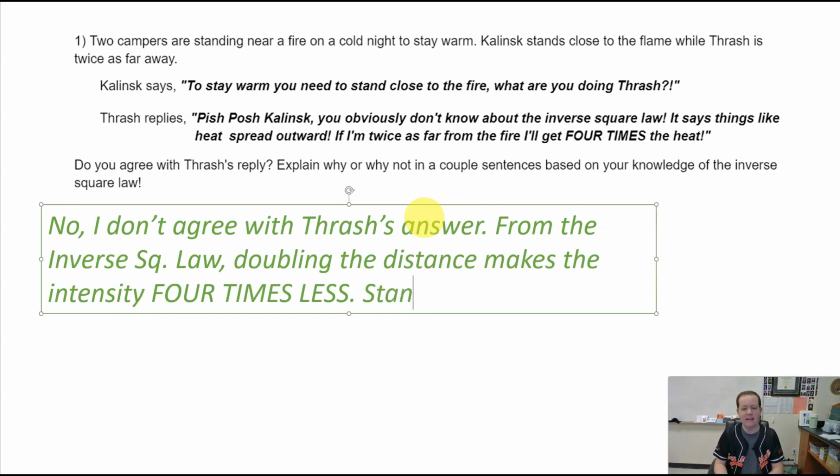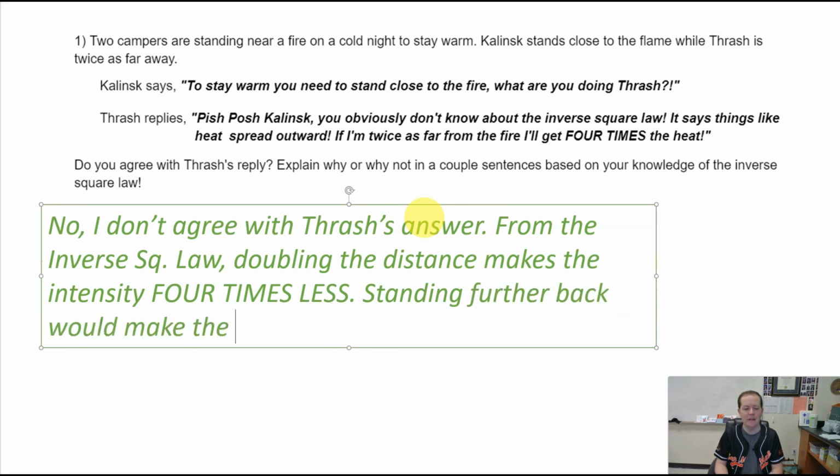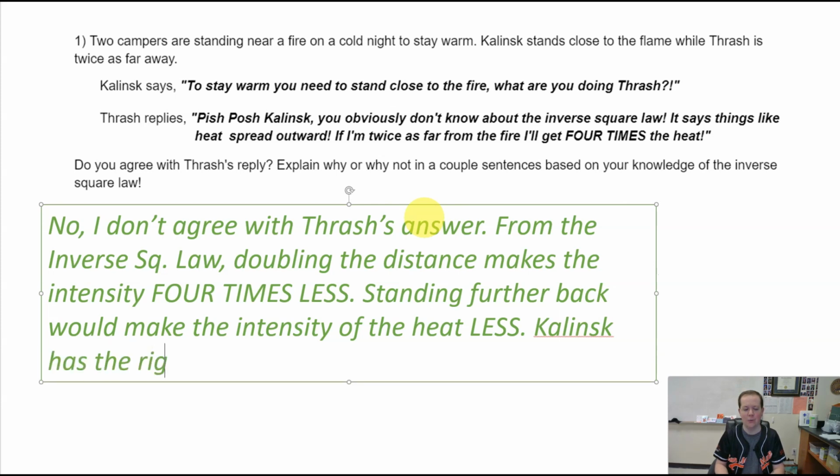Therefore, standing further back would make the intensity of the heat less, or it would be cooler. Okay? Kalinsk has the right application. Okay, they're the ones using the inverse square law correctly.